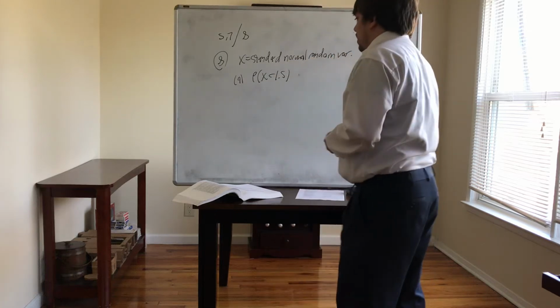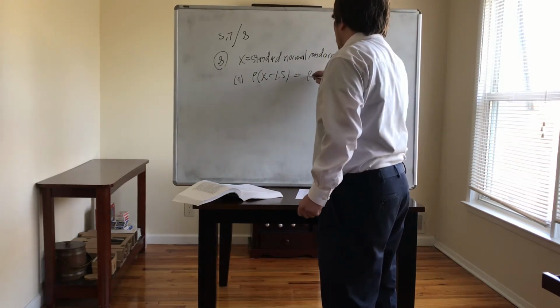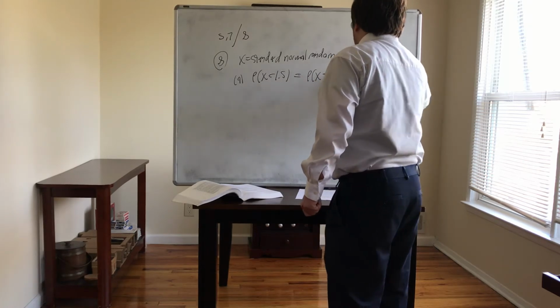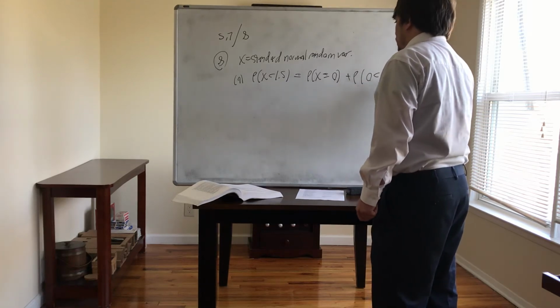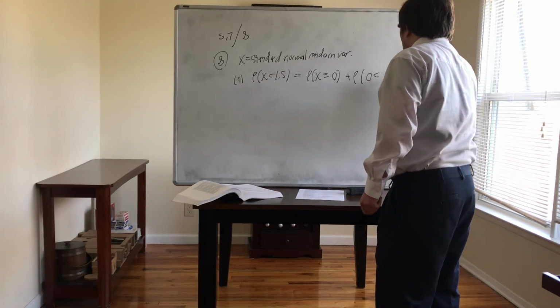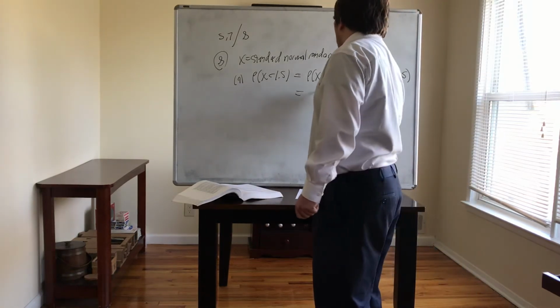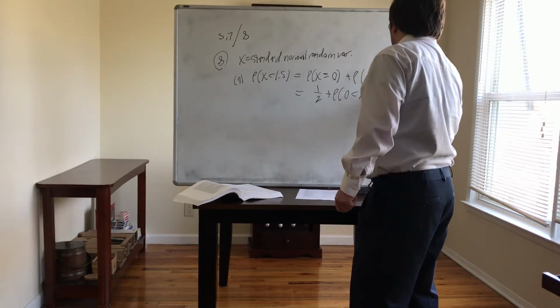Okay, so the probability that x is less than 1.5 is the probability that x is less than or equal to 0, plus the probability that x is strictly between 0 and 1.5. Okay? And so probability x is less than or equal to 0 is 1/2, plus the probability that x is strictly between 0 and 1.5.